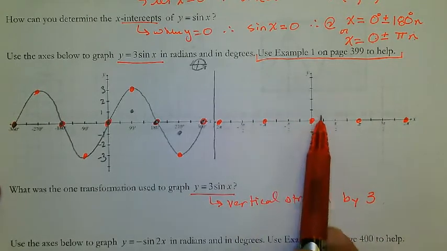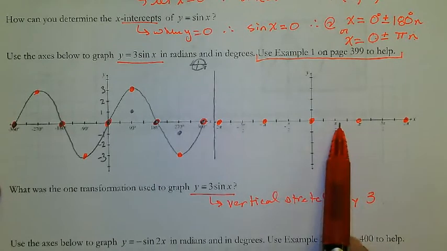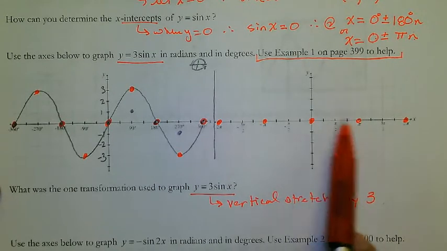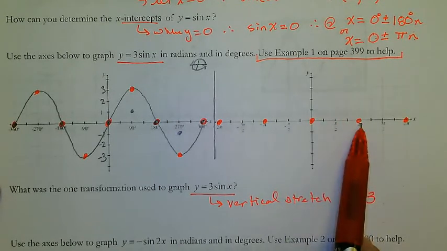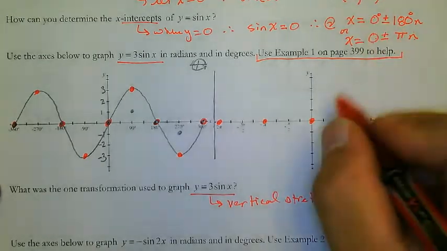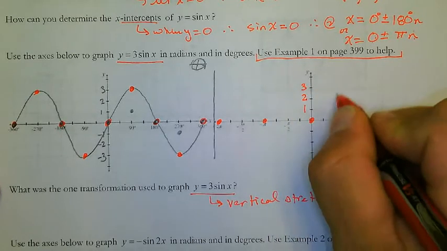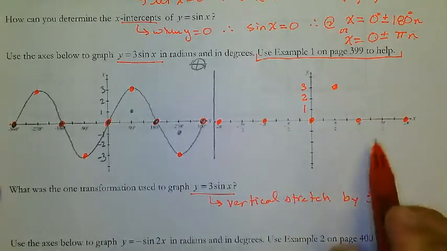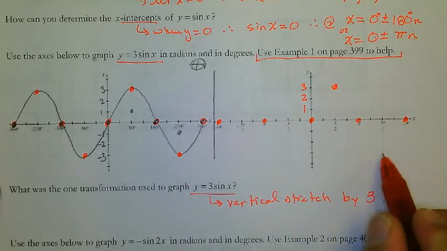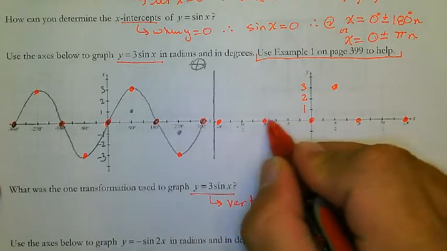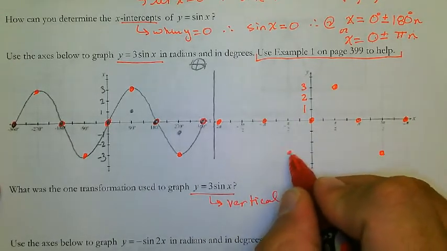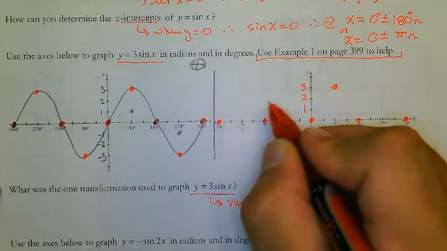Halfway between these two x-intercepts, I'll be at a maximum, and this is 1, 2, 3, so halfway between at a maximum, and halfway between at a minimum. Halfway between at a minimum, halfway between at a maximum.